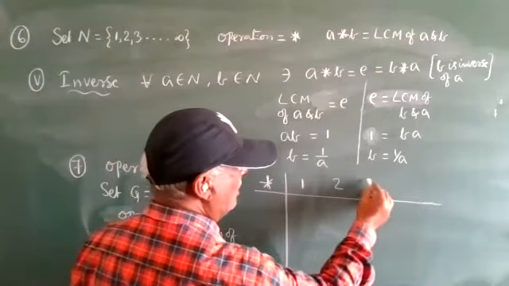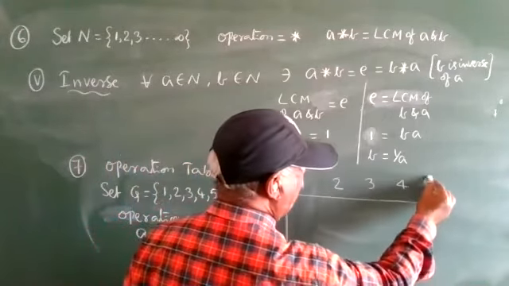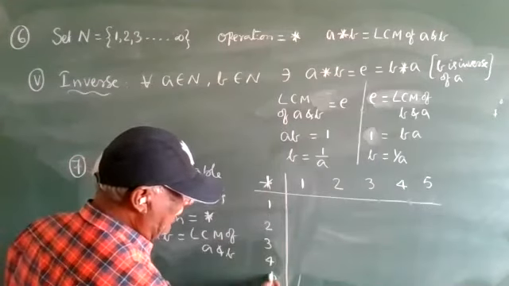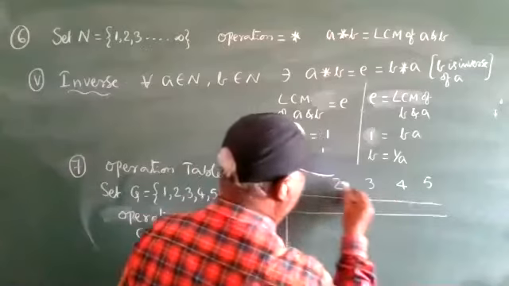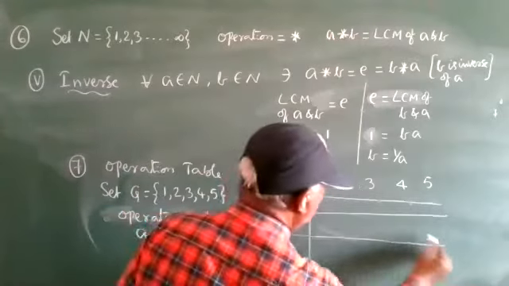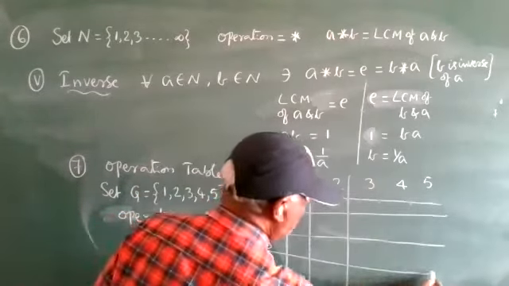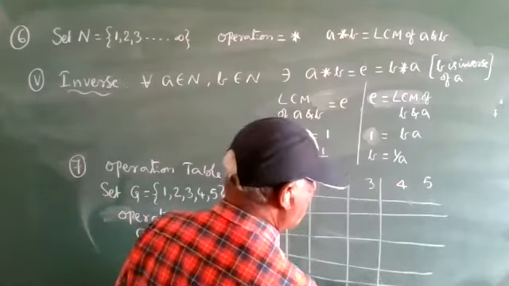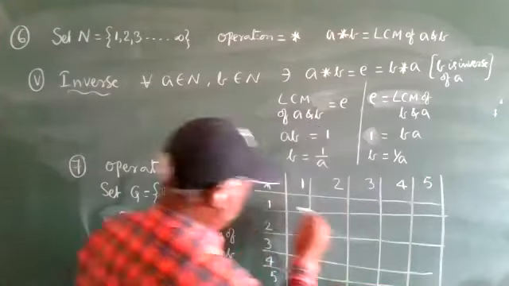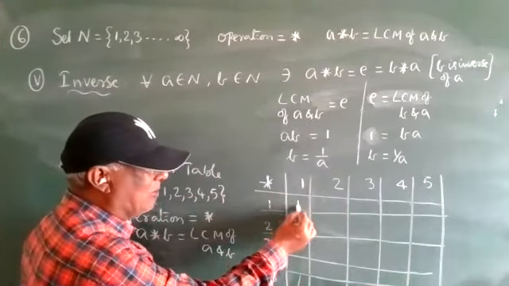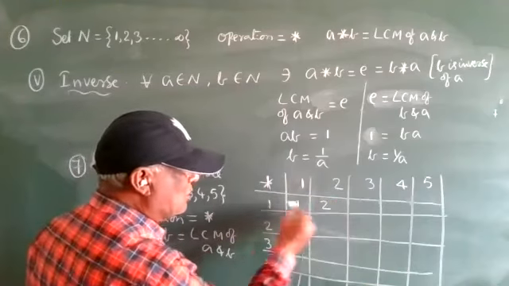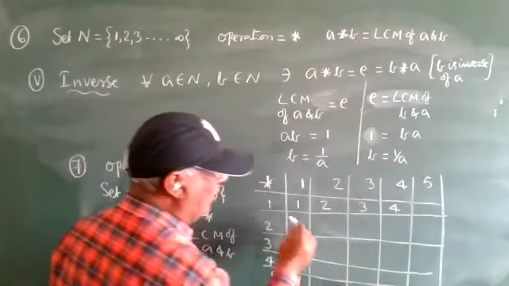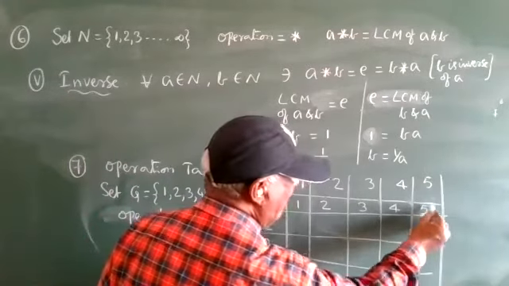Write 1, 2, 3, 4, 5 across the top, and this side write 1, 2, 3, 4, 5. Now everyone see. LCM of 1 and 1 is 1, 1 and 2 is 2, 1 and 3 is 3, 1 and 4 is 4, 1 and 5 is 5.